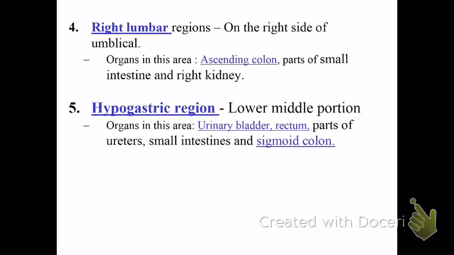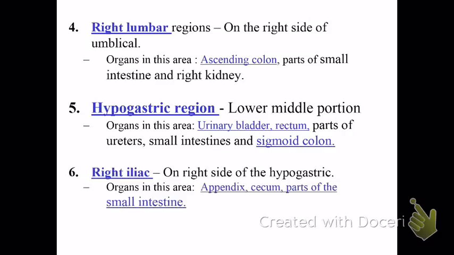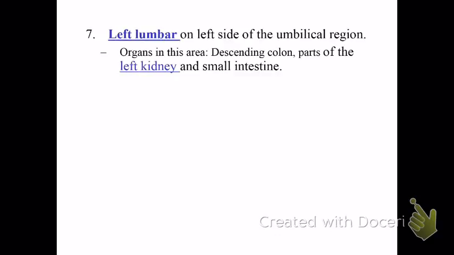Below the stomach region, that's going to be lower middle. And then right iliac is going to be on the right side below the stomach. Left lumbar. Lumbar means the lower back.